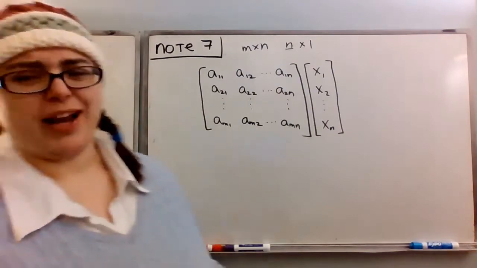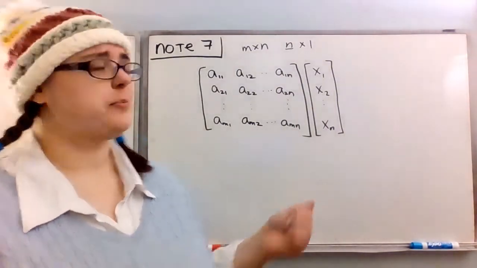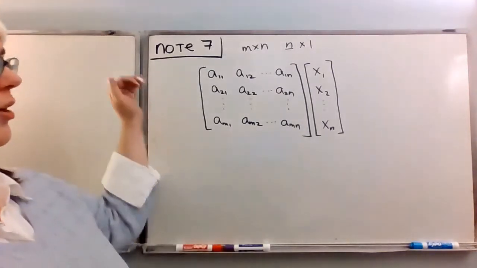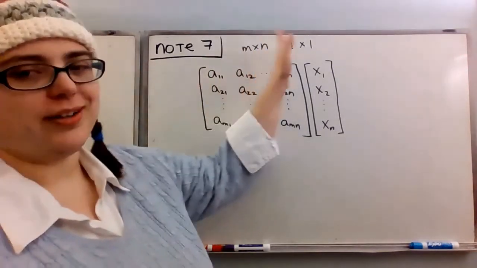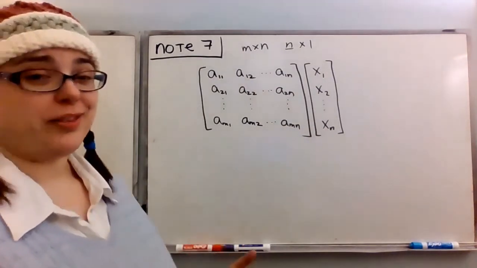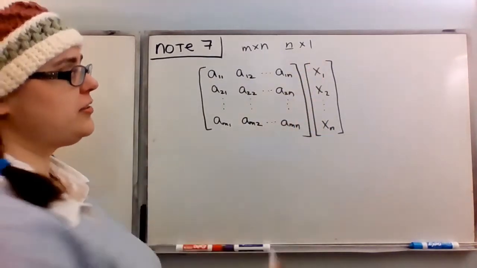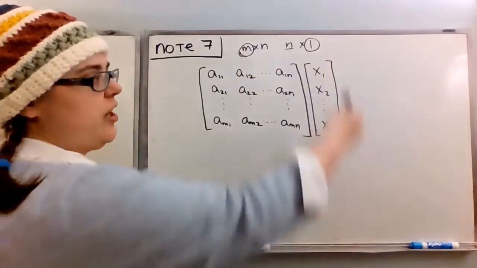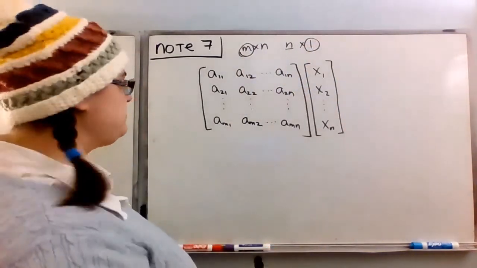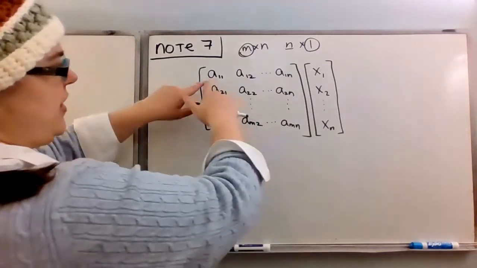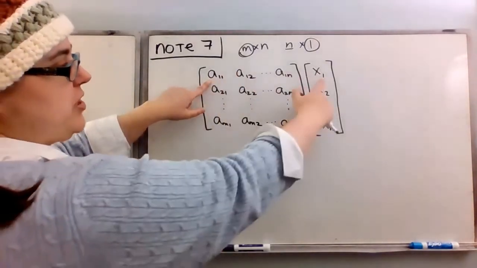All right, so let's see what happens when we multiply these. As a reminder, when we multiply matrices, we're going to go across a row and down a column. The nice part about this is we only have one column. So in the end, we're going to get an m by 1 matrix. So we're going to get a column matrix in the end here. That's pretty nice, yeah? So I'm going to take this first entry here and multiply it by x1.